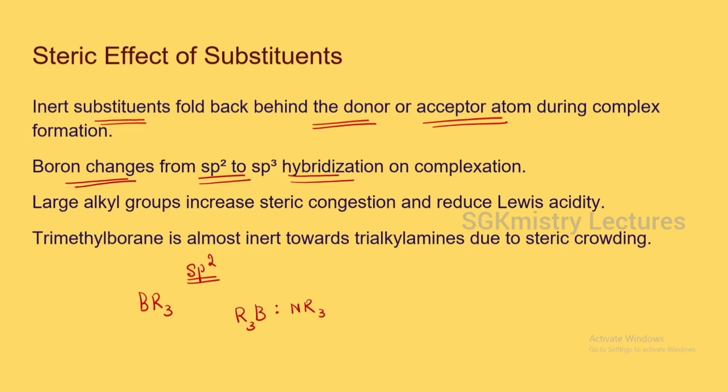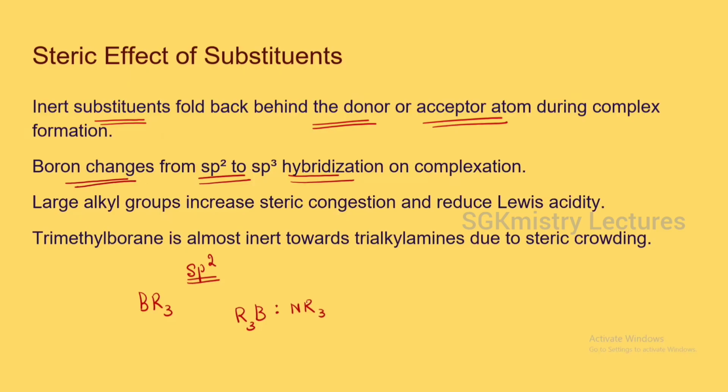As a result, whenever we consider a large molecule, say trimethylborane, it is almost inert towards these trialkyl amines, mainly because of the planar triangular geometry with a 120-degree bond angle. It is forced to form the tetrahedral complex during complexation.